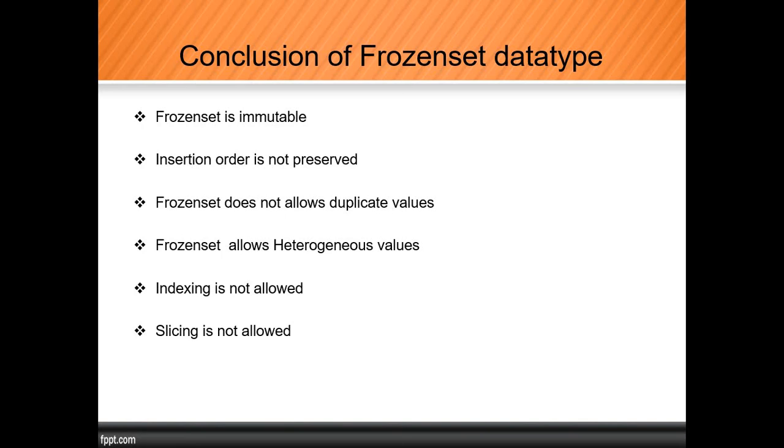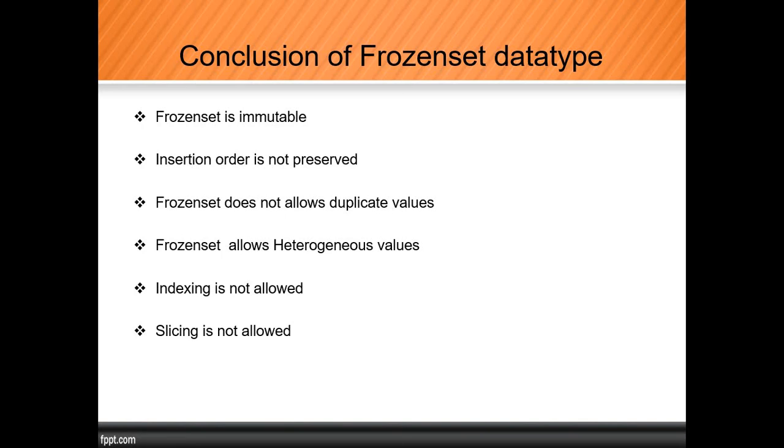And why have I given this conclusion at the end of the data type? Because we need to understand this theory. We need to remember what is allowed, what is not allowed, which types of things are allocated and which are not. So we need to use this concept. Just one minute.